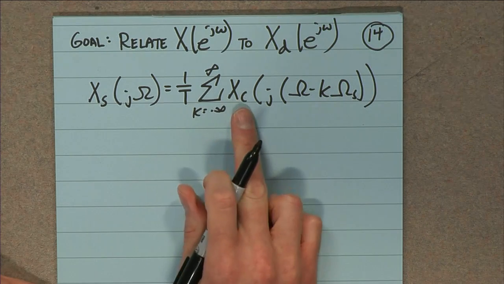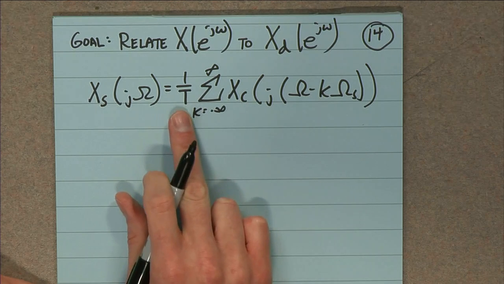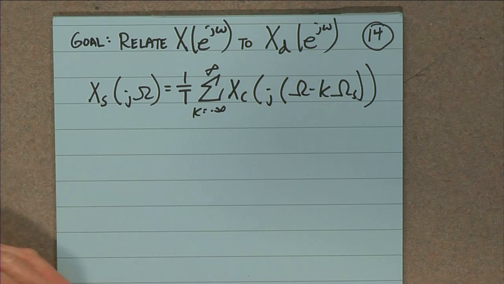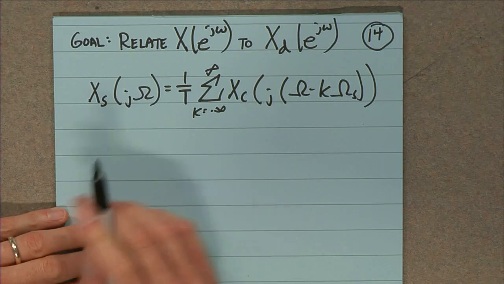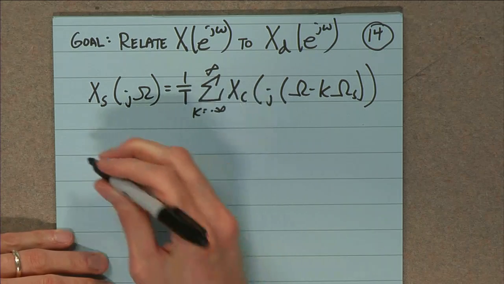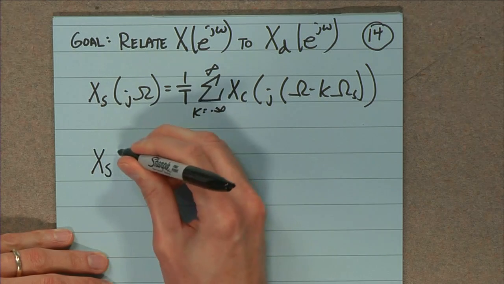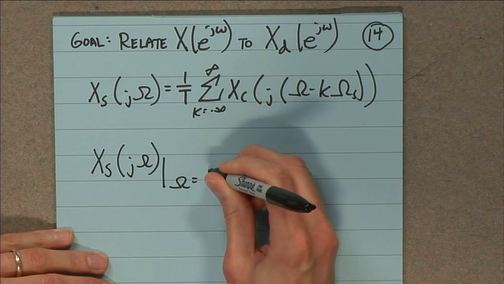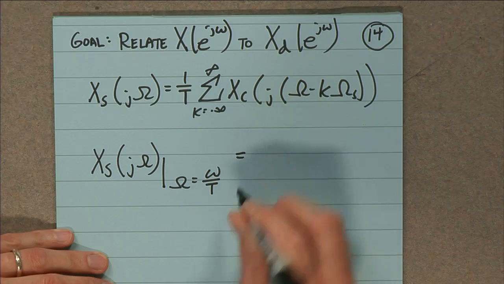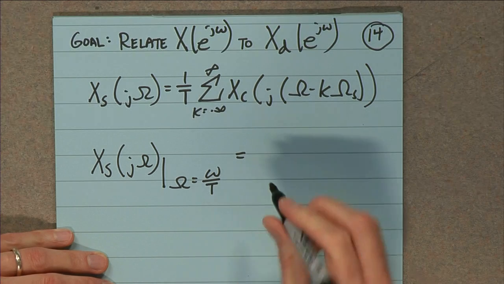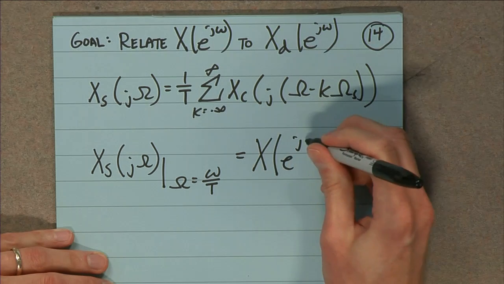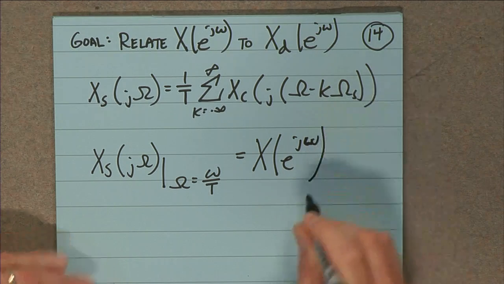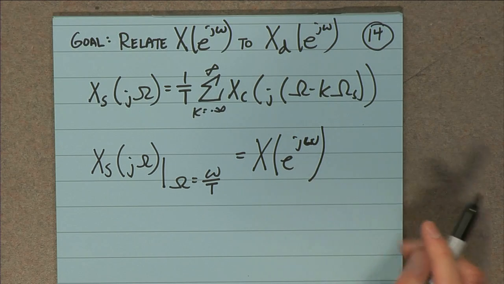So this is their basic continuous time spectrum, the shifted copies scaled by 1 over T, and that's the sampled spectrum. Now if you recall from before, we could relate this to X(e^jω). We used X_s(jΩ) when we scaled it by small omega over T, was X(e^jω). And that was one of our results prior to this.